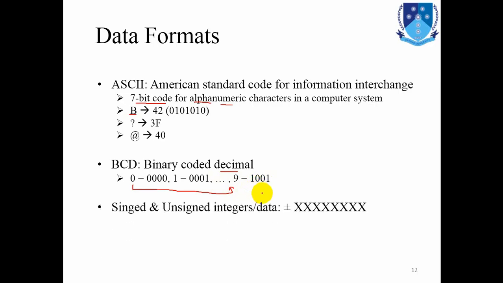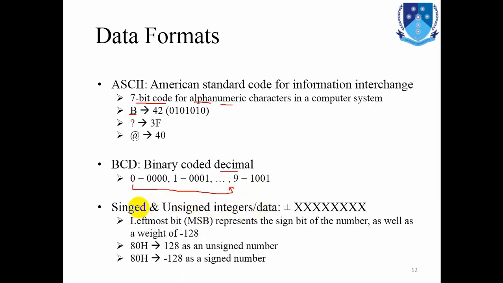The third important data format is signed and unsigned data, or integers. As its name reveals, signed numbers or signed integers are those integers where the sign is used.